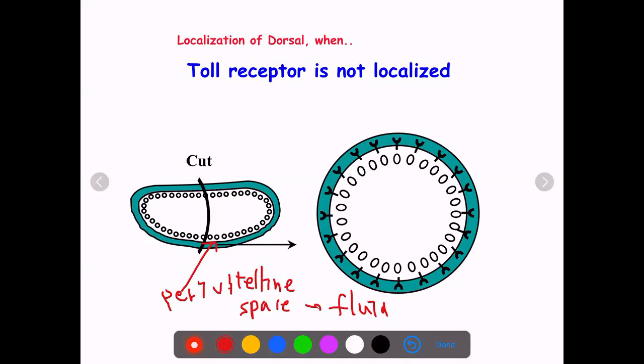If Toll is not there, Toll is a receptor, right? So they are trying to get the ligand out of it. Although the ligand is here, Toll is not localized, activated, or properly distributed, so you don't see any localization. That's why you will see dorsalization occurs, okay?